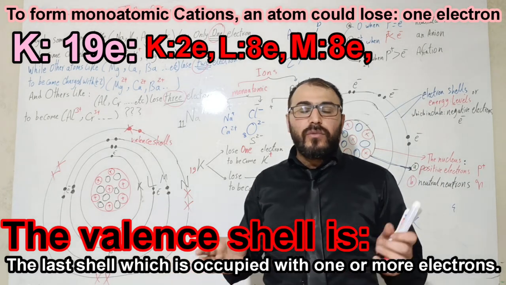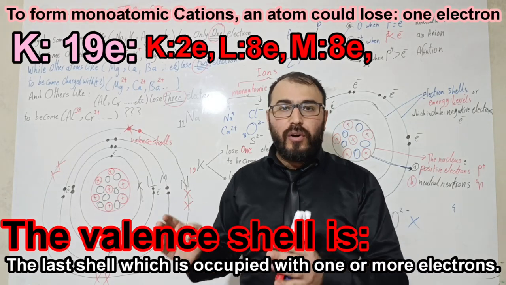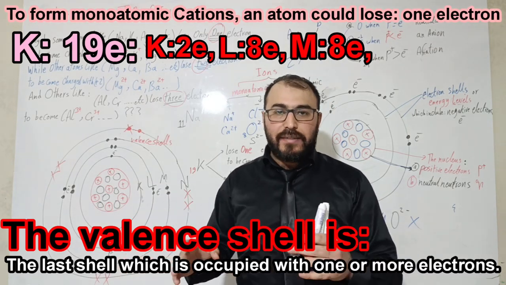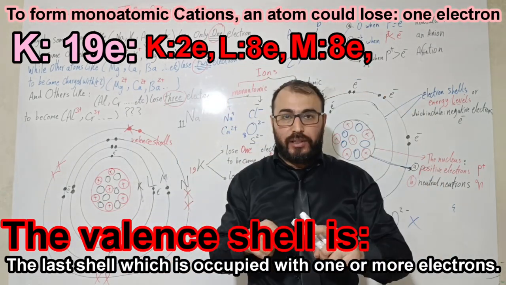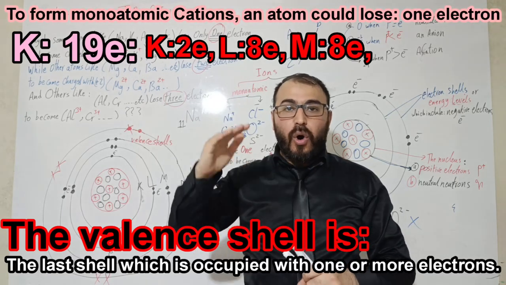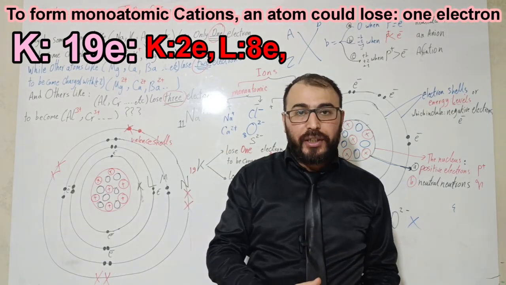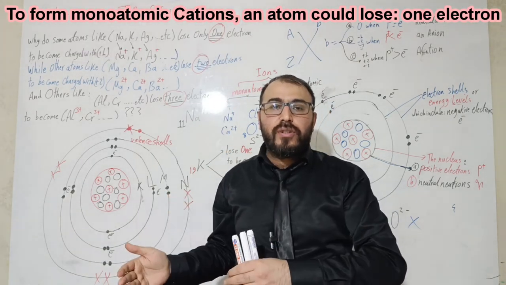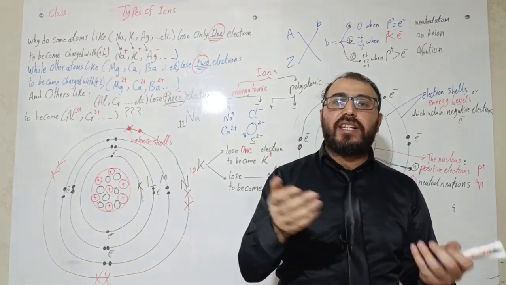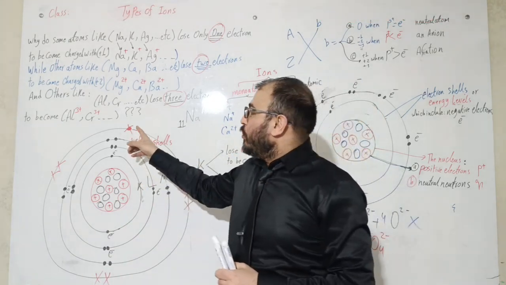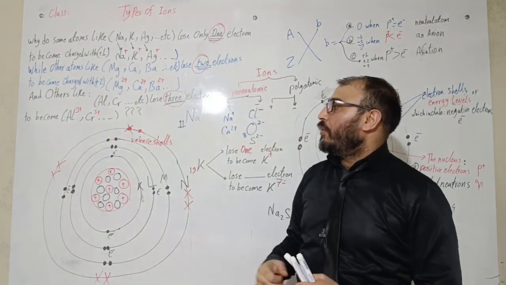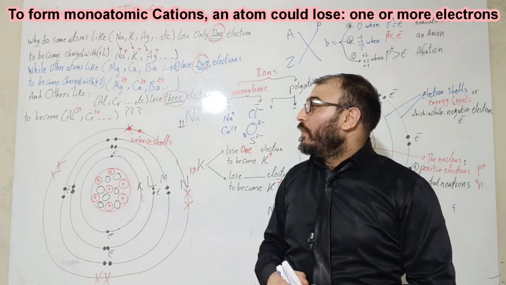That's why all of the atoms that have 3 electrons or fewer in their last shell prefer to lose those electrons rather than gaining 5, 6, or 7 electrons to make their valence shells full.